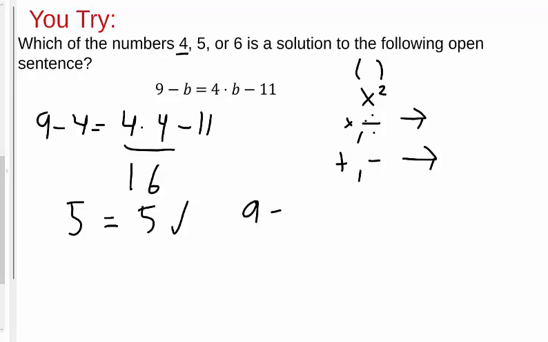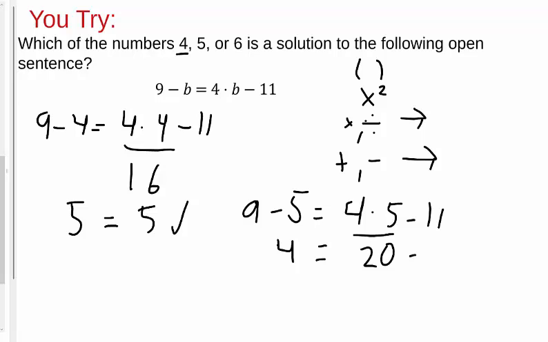So 9 minus 5 equals 4 times 5 minus 11. 4 times 5 is 20. 9 minus 5 is 4, equals 20 minus 11. 20 minus 11 is 9. We have 4 equals 9. No, not true. 4 is not equal to 9.